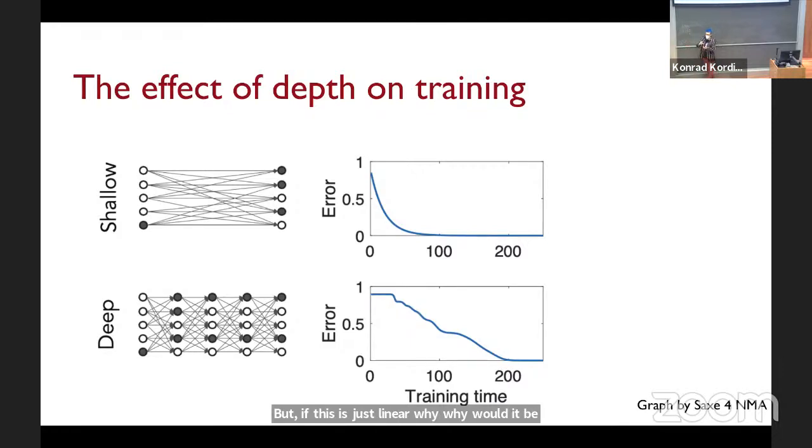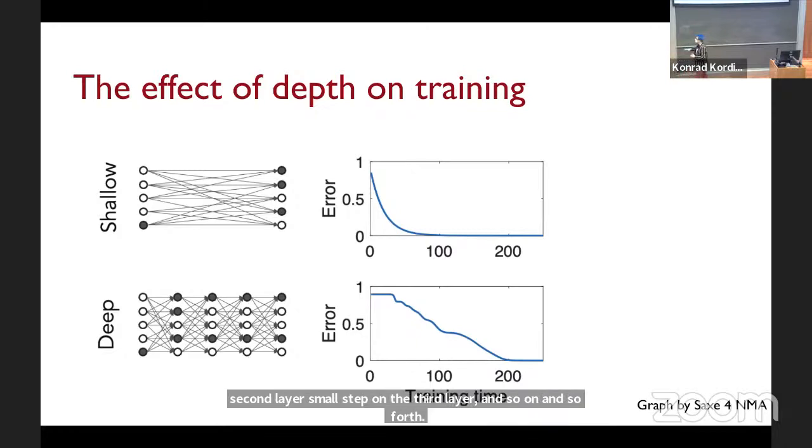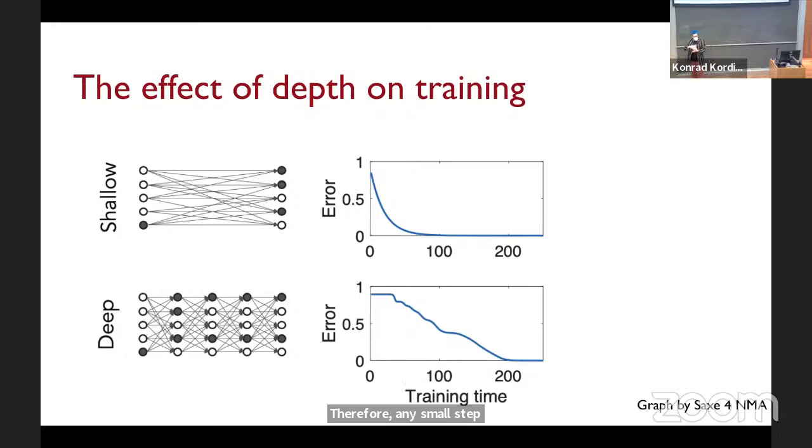Here's why. When I do an update step, I do a small step on the first layer, and a small step on the second layer, a small step on the third layer, and so on and so forth. Therefore, any small step that I make kind of gets amplified as I go through it level by level. And that's where the exponential dynamics comes from.